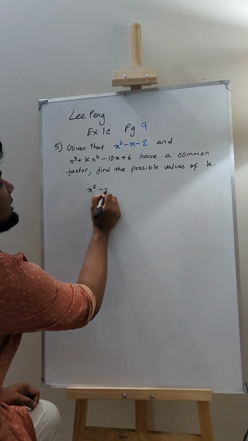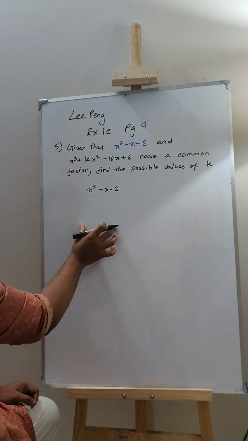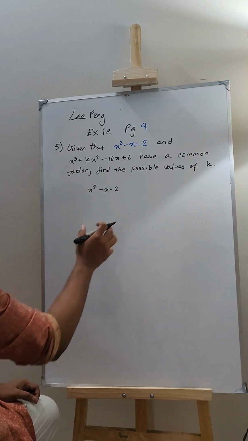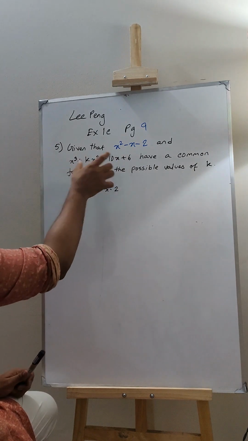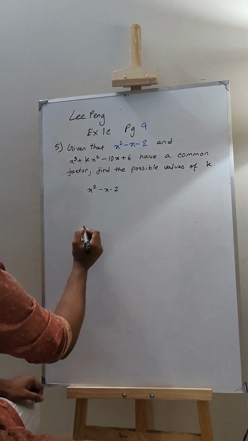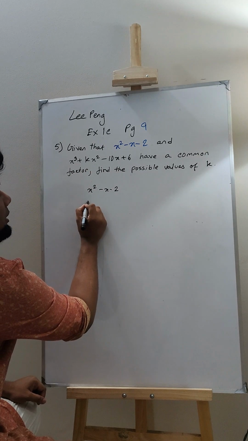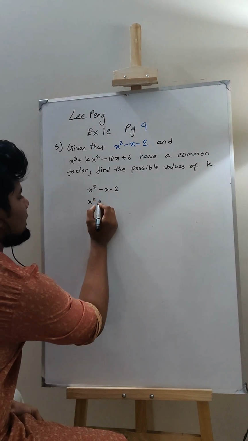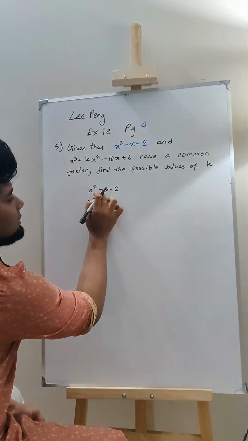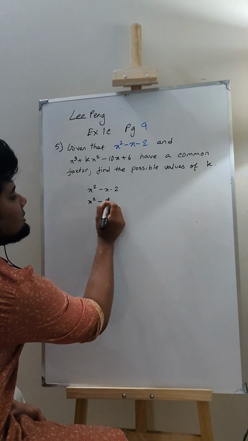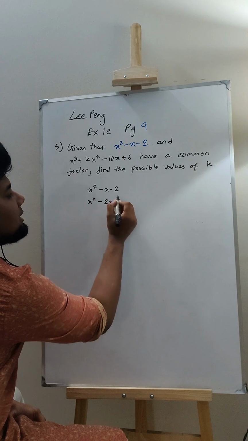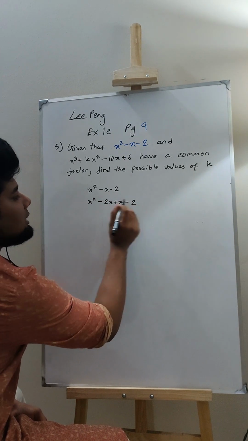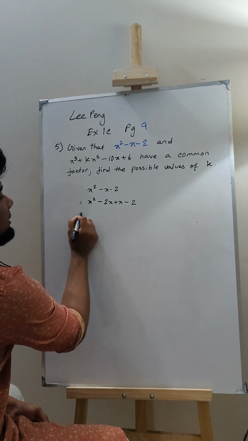x squared minus x minus 2. Can we factorize this? If we can factorize this, then using those two factors, we can try to figure out the value of k. So I'm trying to do the middle term split here. So x squared minus 2x plus x minus 2.